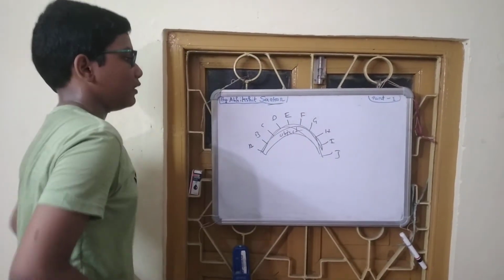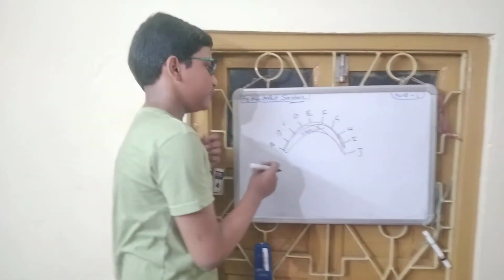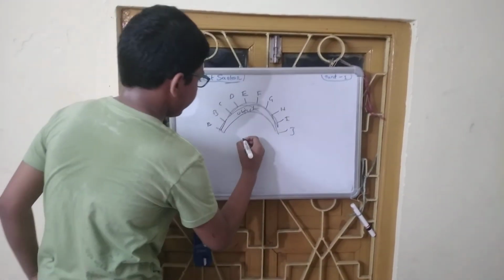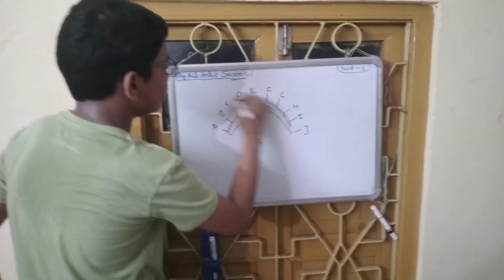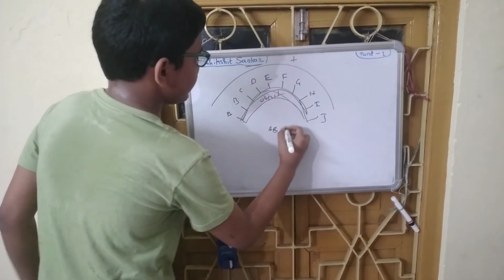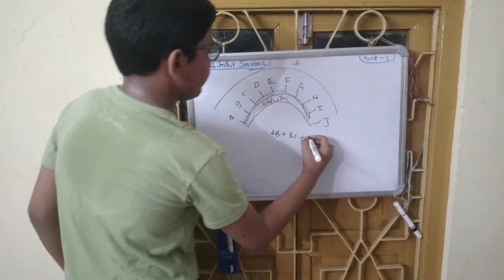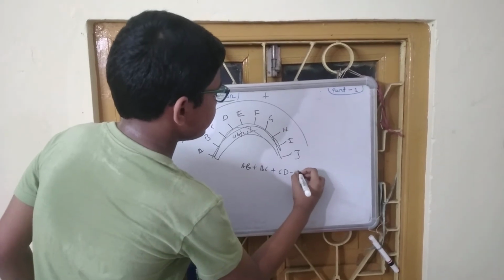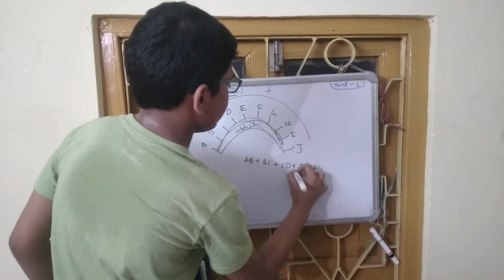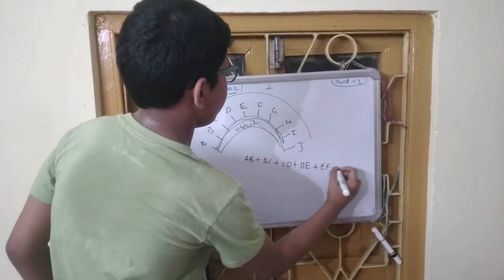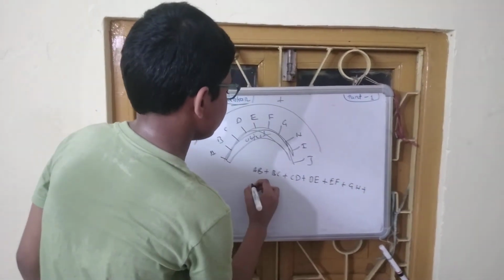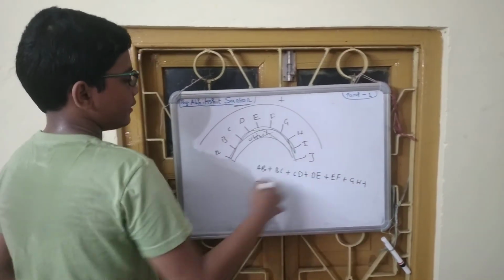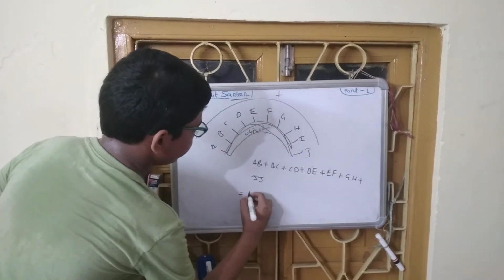A meter ruler is sometimes harder to use than a meter tape, so a meter tape is more comfortable. Now we have to add all of these: AB plus BC plus CD plus DE plus EF plus GH plus IJ.